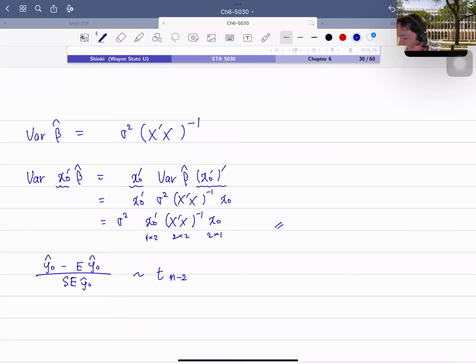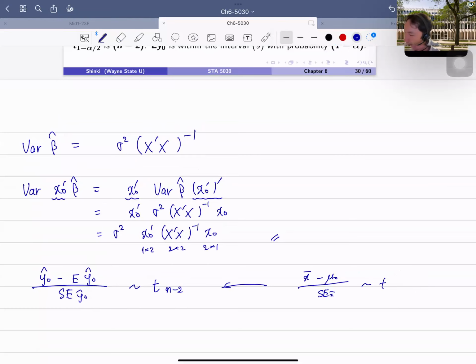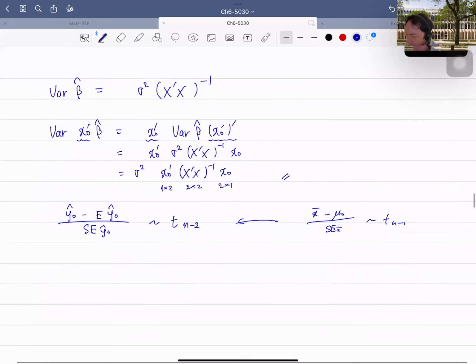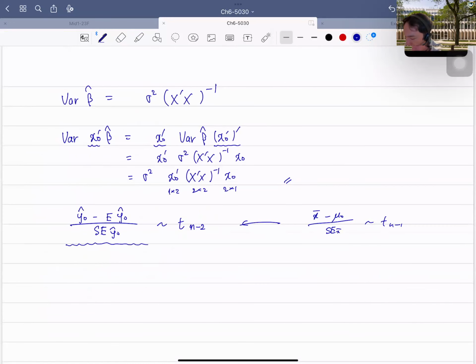In the t-test, we calculated X bar minus mu naught divided by the standard error of X bar, which follows a T distribution with df n minus 1, maybe. With a similar reason, we can prove this theorem, and based on it we can calculate the confidence interval for the expectation of y naught hat.